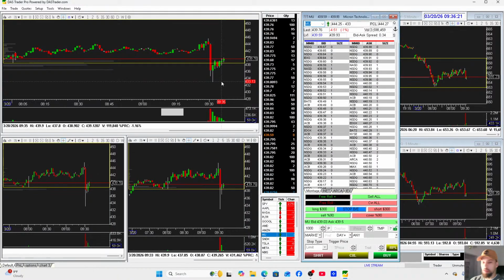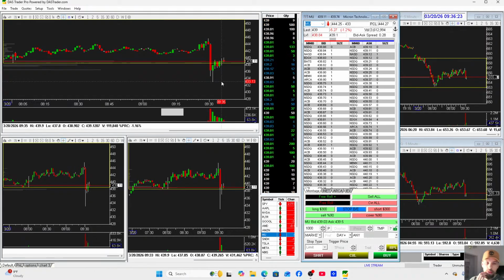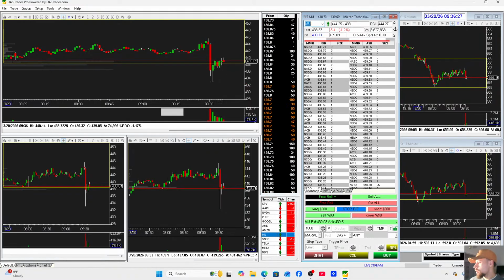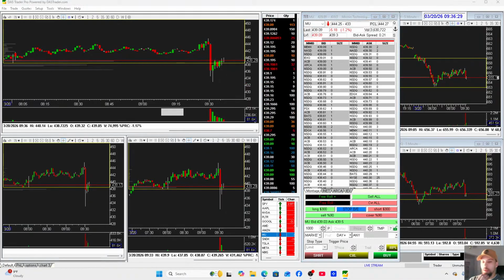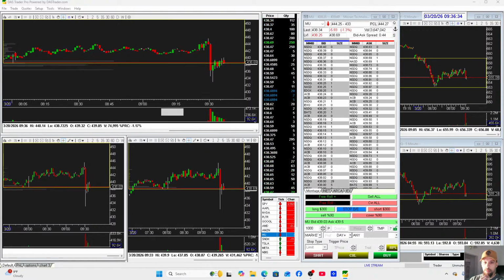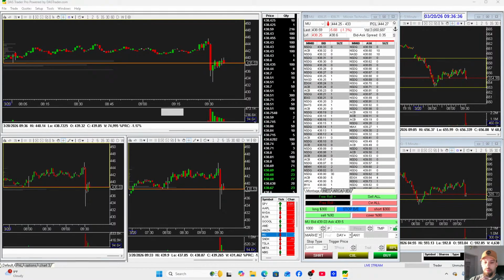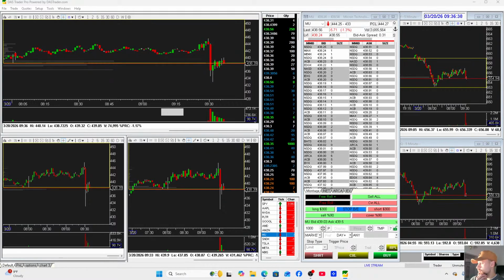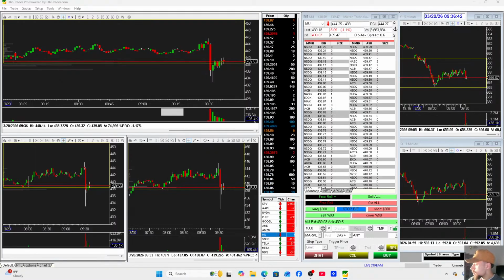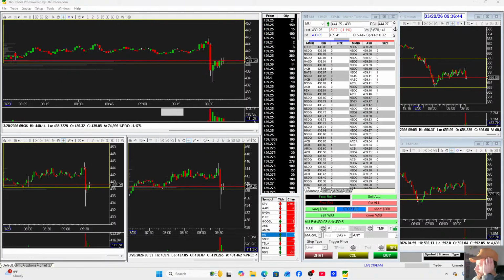You just have to be patient enough to wait for it. SanDisk pretty much running the range of that high and low of the support and resistance I marked.